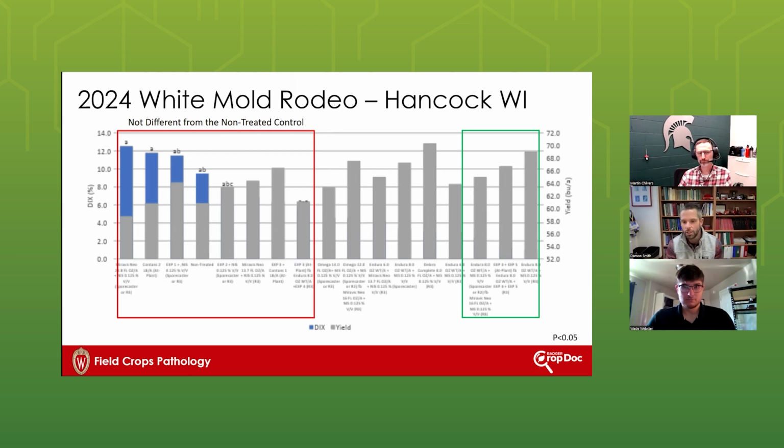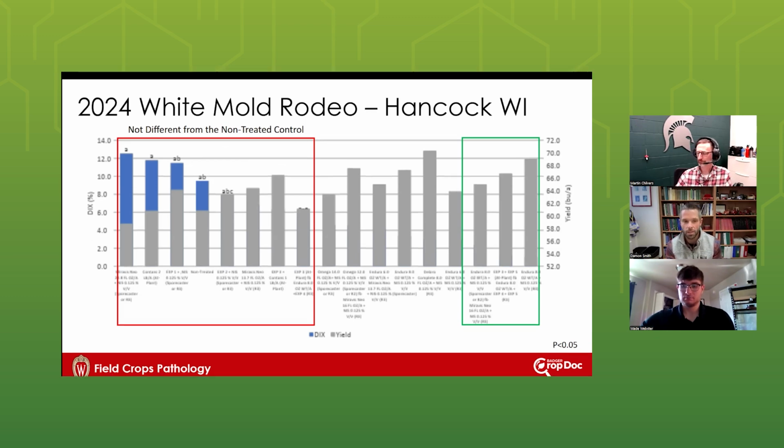Looking at Endura again, that seems to be our benchmark product out there, and applying that product using a good timing tool like Sporecaster can help out. Sometimes a second application might be needed. We've been looking at things like Miravis Neo for the follow-up to give us some frogeye leaf spot control, and that seemed to work out in the 2024 data set as well.